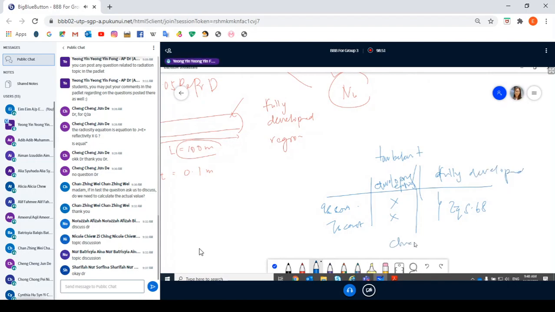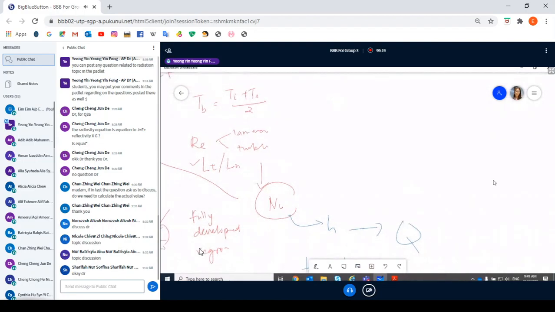Bear in mind that you need to check whether it is heating or cooling for the n value: n equals 0.4 for heating and 0.3 for cooling. This is the one you need to remember. After you get the Nusselt value, then the h value, then back to the q. This is the flow, with an extra step compared to external force convection.